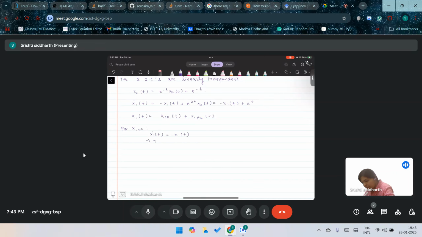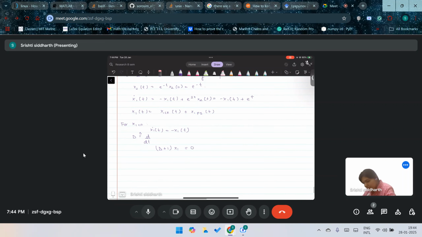okay, let's see, so let's say that the D operator is d by dt. So this implies that D plus 1 times x1 is 0, right? Okay, so let's denote f, the function of the operator D, as D plus 1.